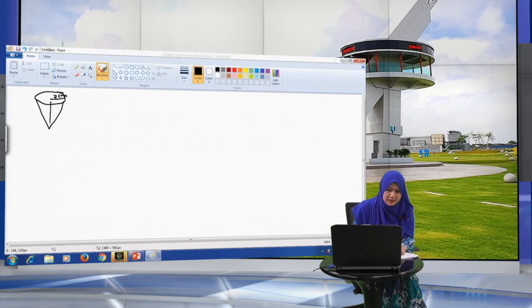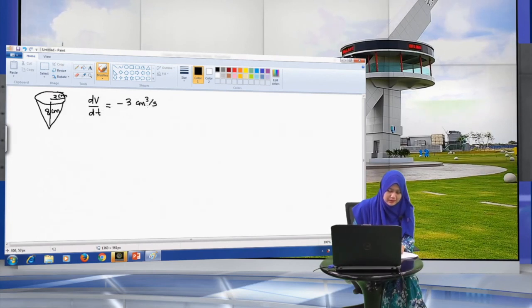So that means this is 8 cm. Another piece of information is the water is dripping out from the bottom of the cup at the rate of 3 cm cubed per second. This is dV/dt equal to minus 3 centimeter cubed per second.